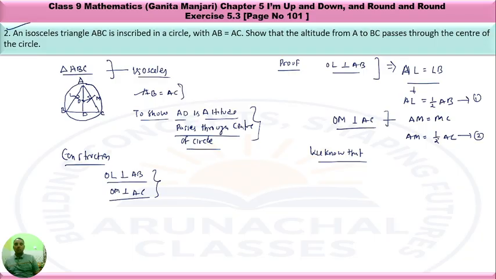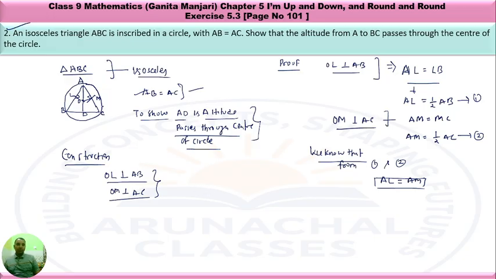So half times AB and half times AC will also be equal. If I compare equations 1 and 2, and take the reference of the given part, I can say that AL is equal to AM. So we have got this one, AL is equal to AM.